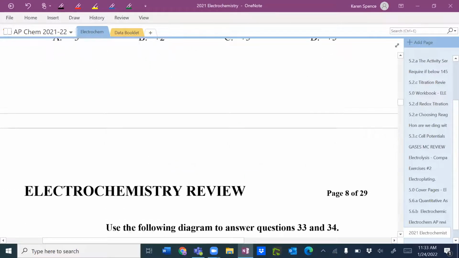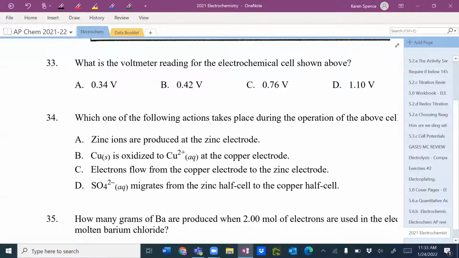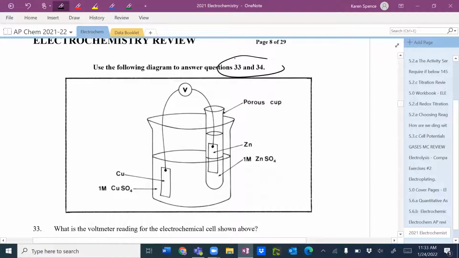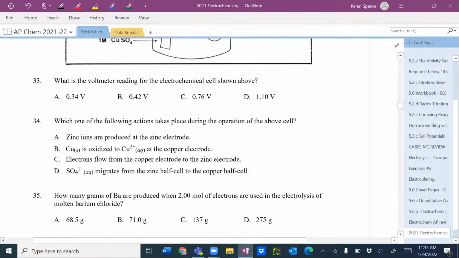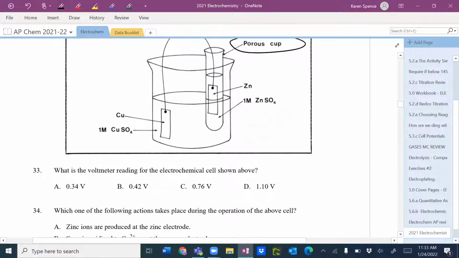Okay, 34. So we are looking at the diagram up here because this diagram is for 33 and 34. And this is one of those non-standard electrochemical cells. So instead of having 2 beakers with a salt bridge, we have a porous cup, which allows the transfer of ions from one to the other.